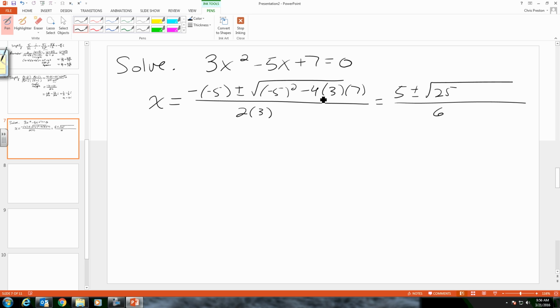What's this? 21 times 4, negative 84. Looks like the square root of negative 59. So x equals 5 over 6 plus or minus the square root of 59 over 6 i. And we got two answers.